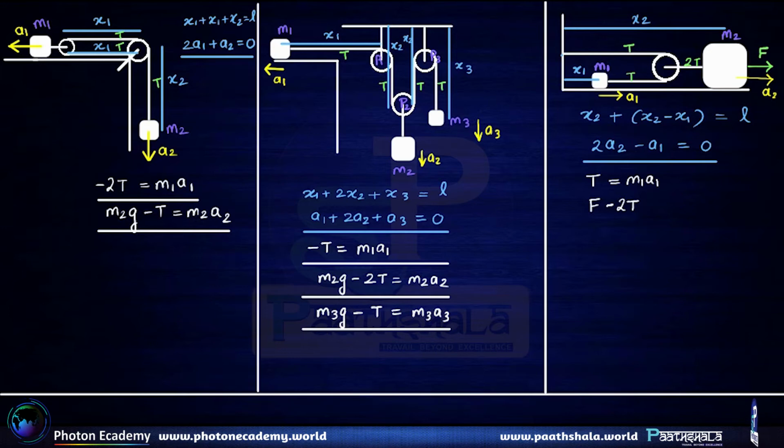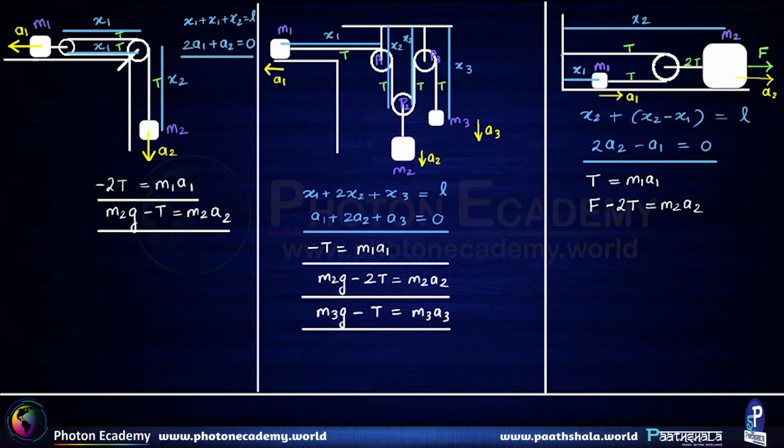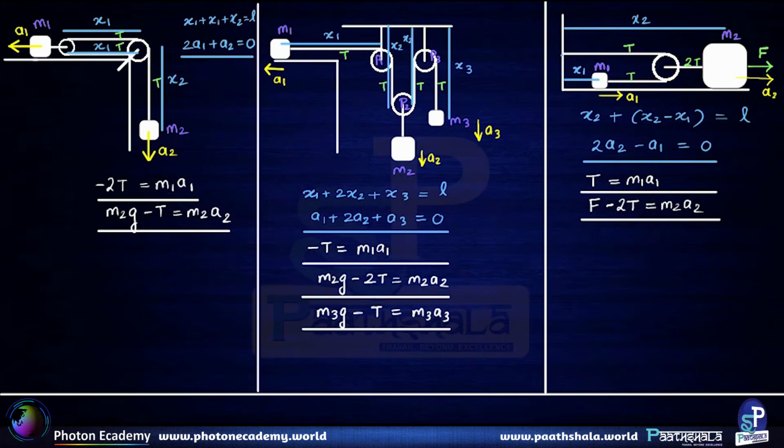F minus 2T happens to be equal to m2 a2. Considering these three equations and the three unknowns a1, a2 and T, we can solve this above mentioned system.